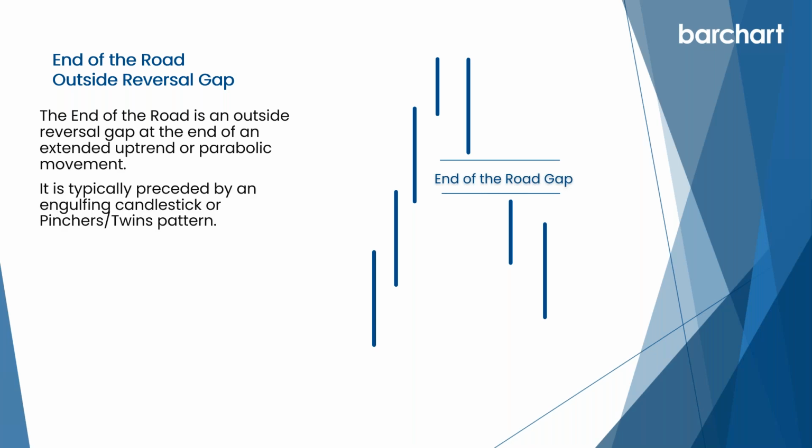Now, prior to the gap's creation, candlesticks will warn us of a change in sentiment with multiple types of different candles. The ones we want to look for are engulfing candles or a unique reversal combination called pinchers or twins, where sellers are so eager to offload their shares, they will continue to sell through a period.